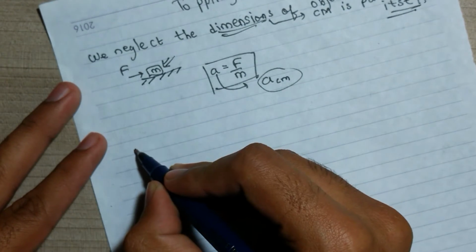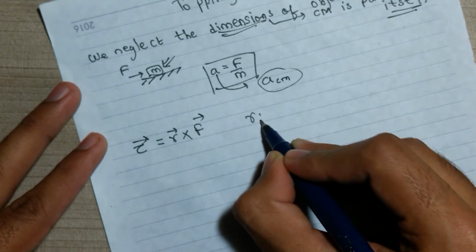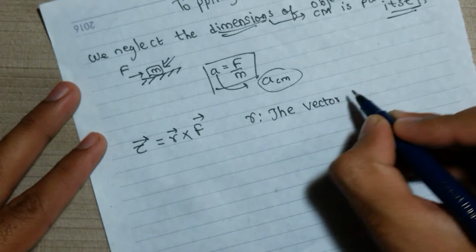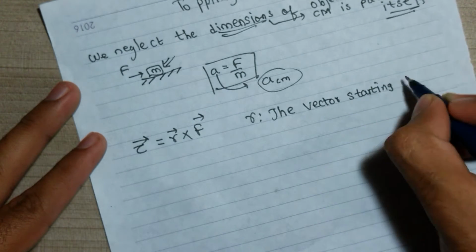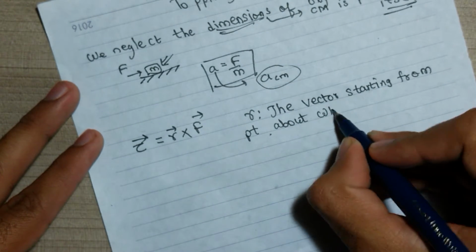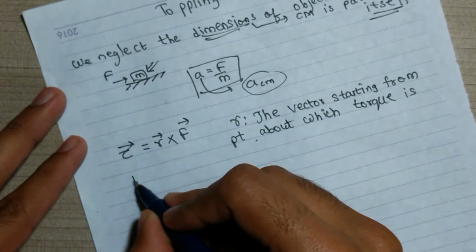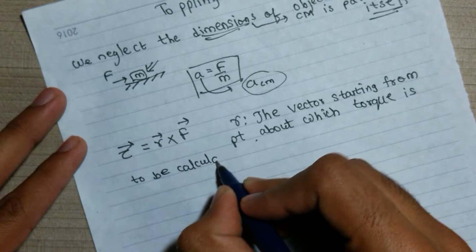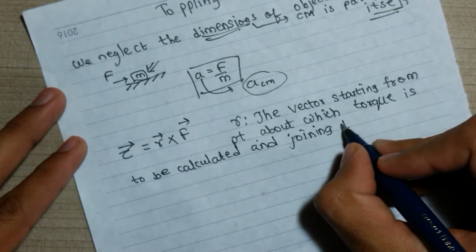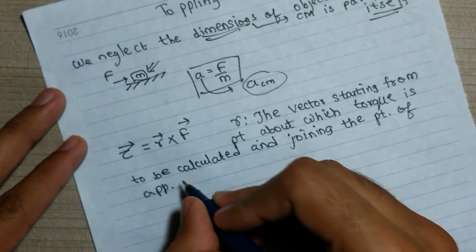So torque is a vector quantity defined as R cross F, where R is nothing but the vector starting from the point about which torque is to be calculated, and joining the point of application of force.